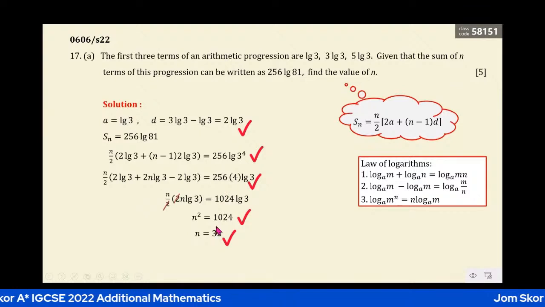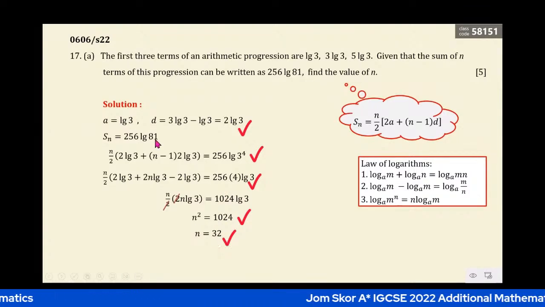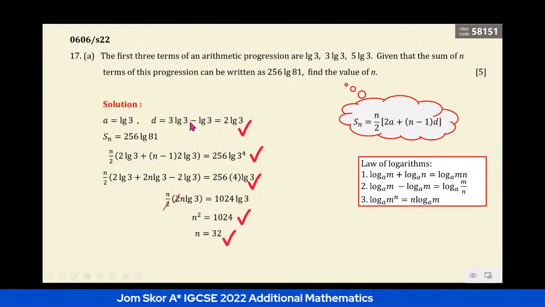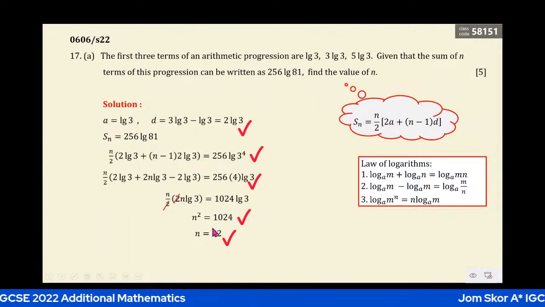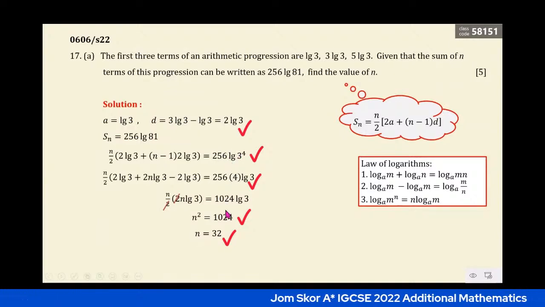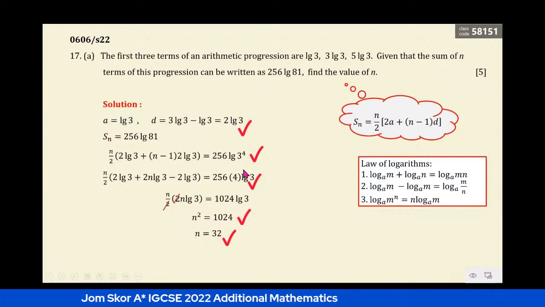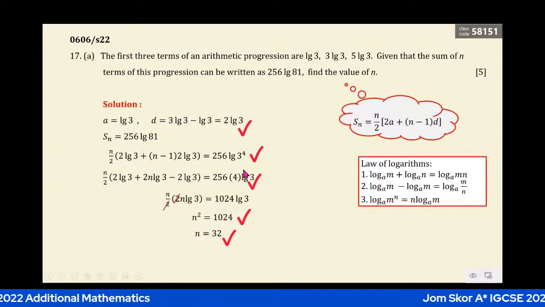So you also will get the same answer. Okay. Nanti katalah you all buat log 3 square naik atas sini. So teacher tak buat naik atas. Boleh juga, tak ada masalah. Okay. As long as last kali you all dapat yang ini dengan legal. Dia punya law dia semua ikut betul. Kalau illegal, tiba-tiba je dapat n is equal to 32, tak boleh lah.